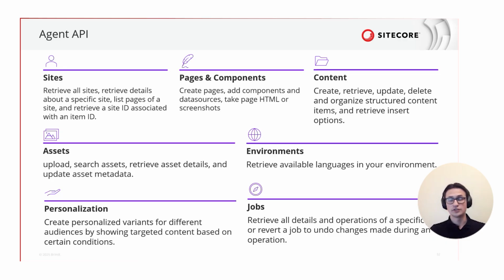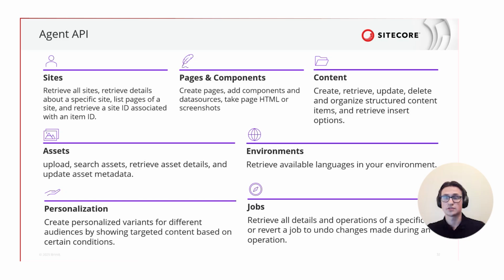For content, it's very similar to the Items API. You can get and manage items. For assets, this section is to work specifically with media library items. For environments, it currently only gets languages. For personalization, you can manage personalization for the page.